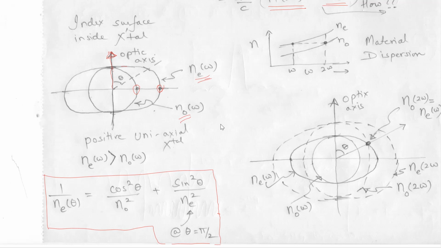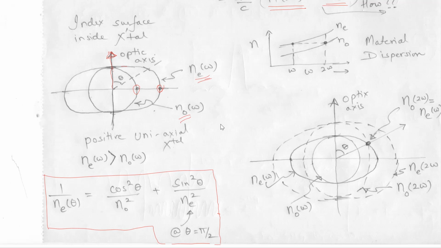The fact that the extraordinary ray has a value which is larger than the ordinary ray's refractive index in any arbitrary direction happens to be classified as a positive uniaxial crystal. But basically, this dependence on theta, which is the angle with respect to the optic axis, can be captured in the following manner.